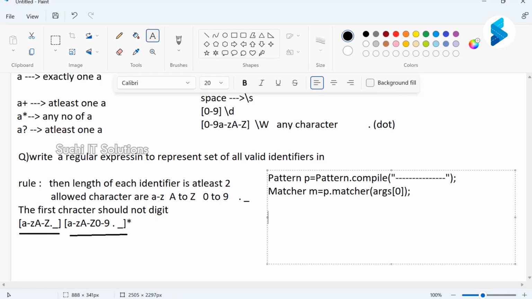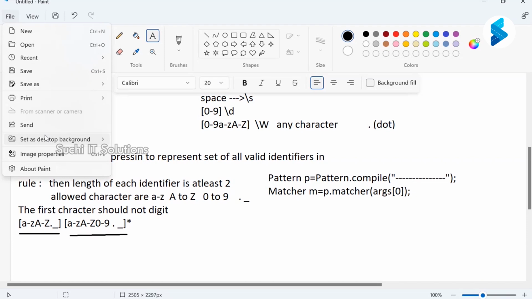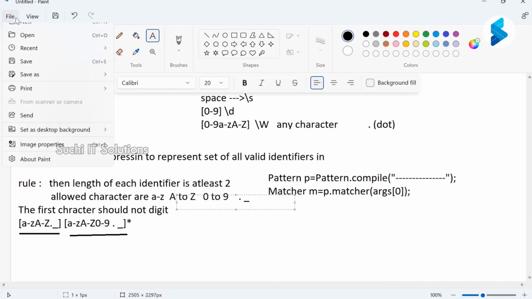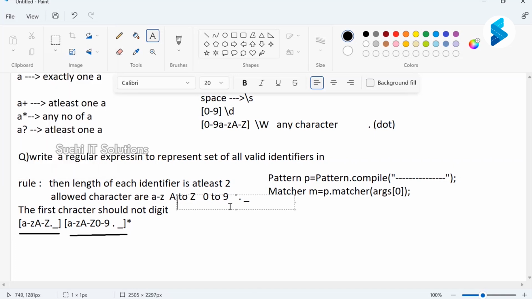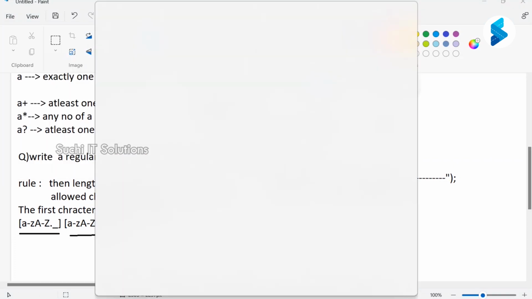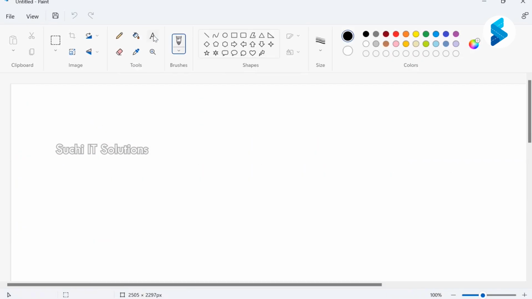Fine, Shiva. Next, write a program to represent all valid mobile numbers. This is very important, right? Yes or no? Let me work with mobile number. Okay.